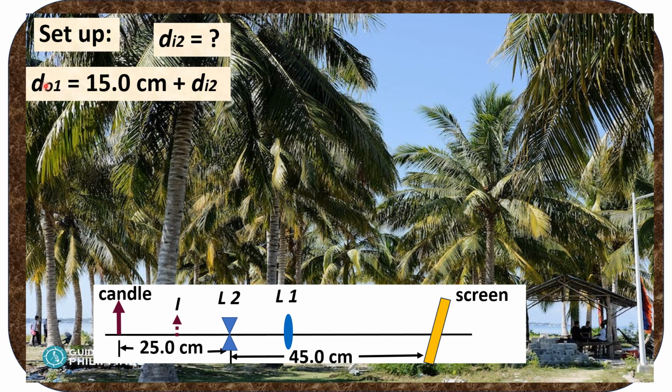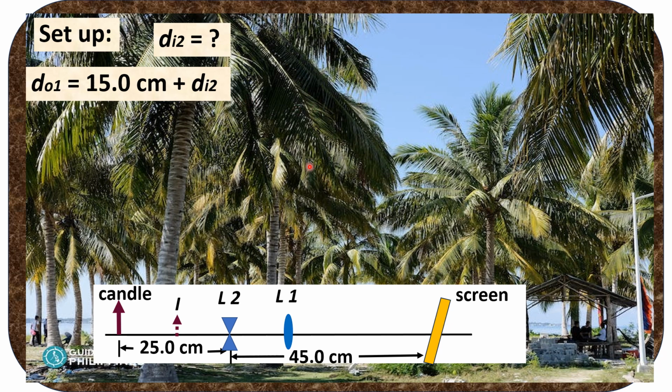The distance of the object from the converging lens, d sub O1, is just equal to 15.0 centimeters plus the value of d sub I2. This d sub I2 is supposed to be a negative value because it is located to the left of the diverging lens.